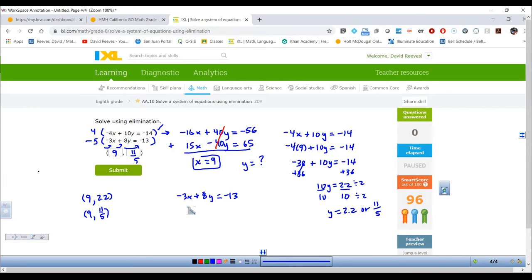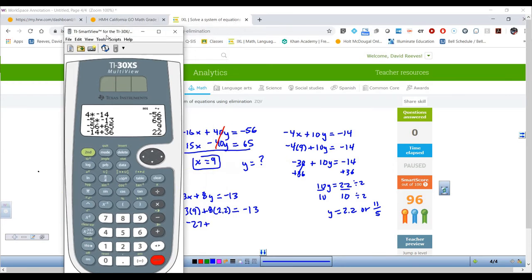So I'm going to go right here, and in place of x, I'm going to put 9, and in place of y, I'm going to put 2.2. I'm going to go ahead and use the decimal. And here we go. I get negative 27 plus, I'm going to go ahead and go to my calculator.